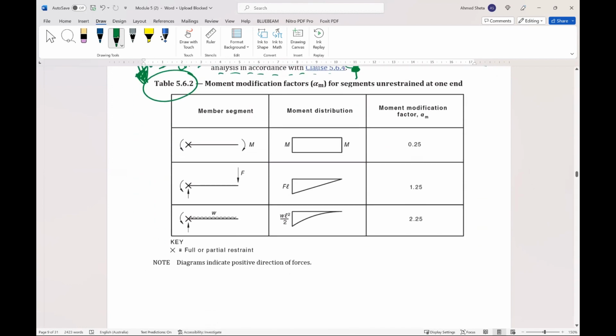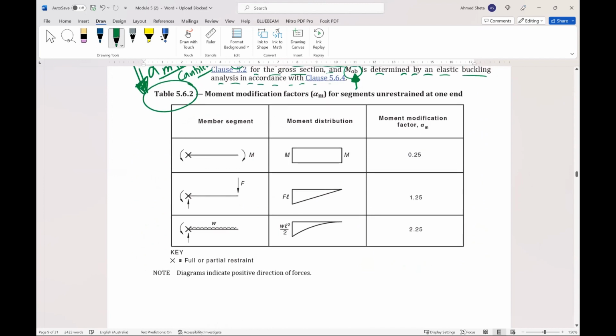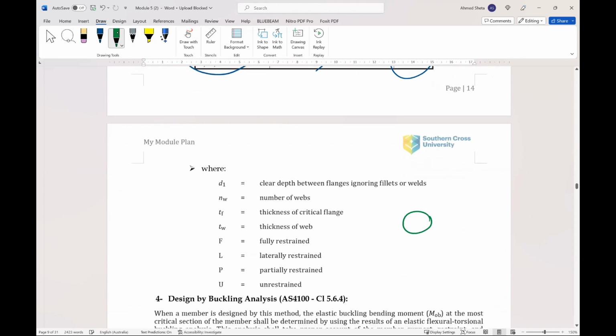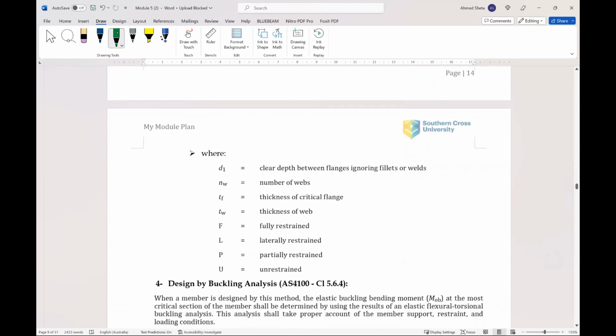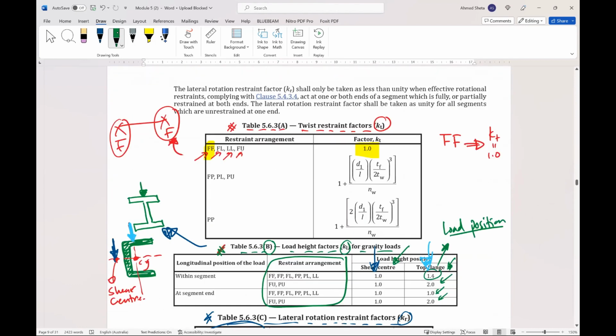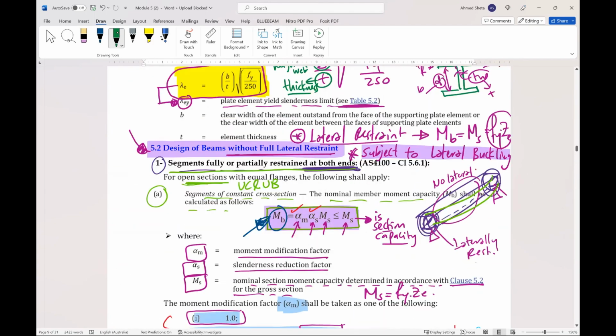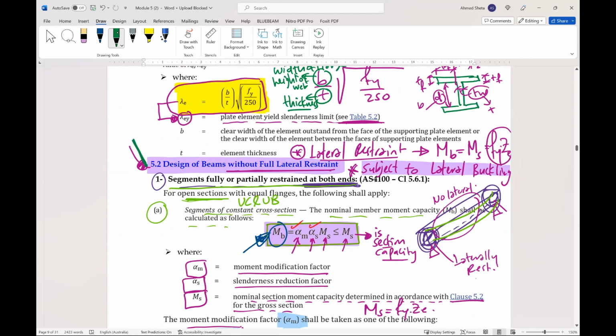Okay, as you can see here, values of alpha M can be taken as 0.25, 1.25, and 2.25. So these are all the required things to calculate the member capacity, of members without full lateral restraint.